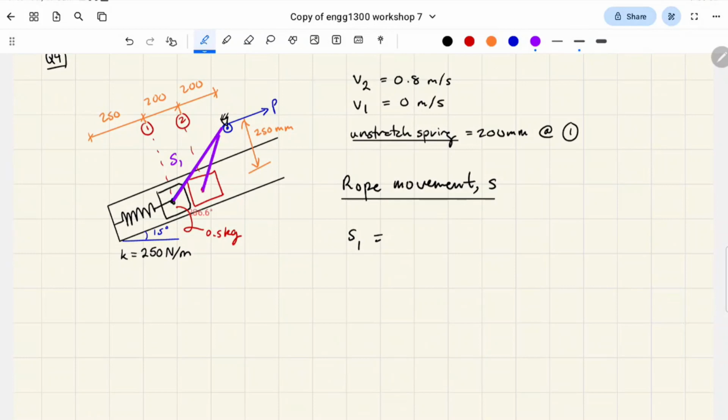And S2 is going to be this one, which is the length of the rope from the slider to the pulley at state 2. So for S1, we use Pythagoras. I'll do it in millimeters for now and then convert it.